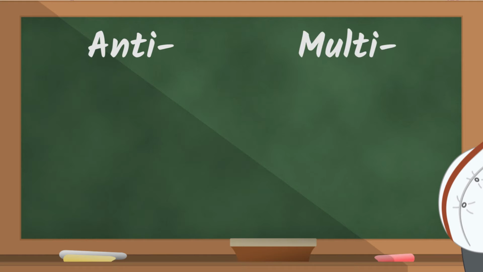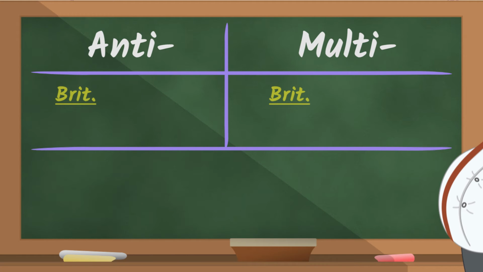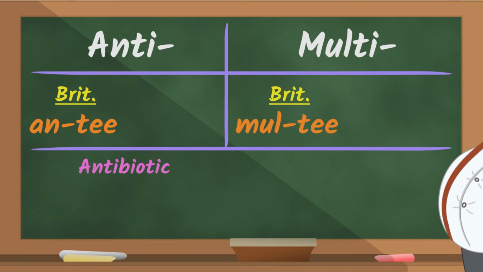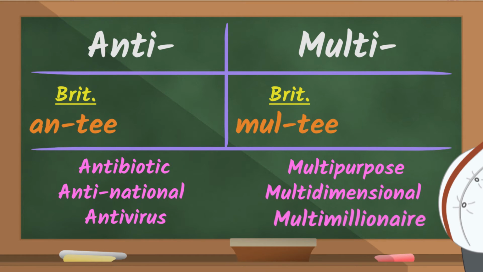Here are two words, or rather prefixes, that are commonly used in English. The British enunciate these as anti and multi. For instance, antibiotic, anti-national, antivirus, multipurpose, multidimensional, multimillionaire, and so on.